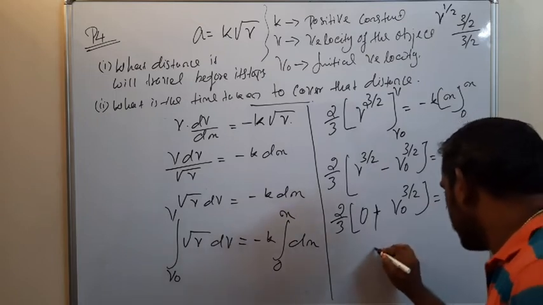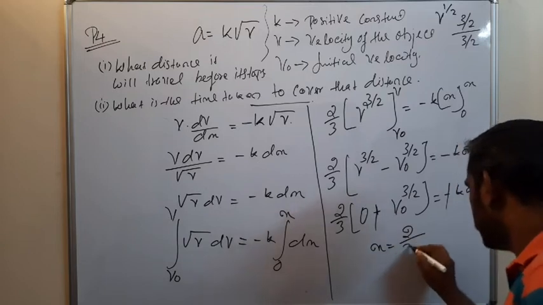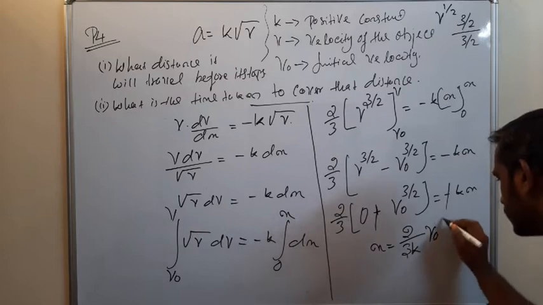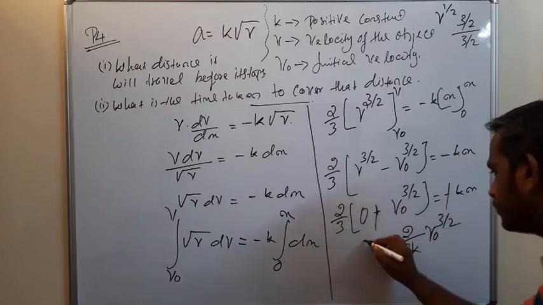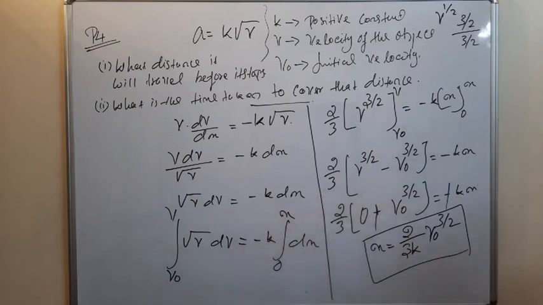So x is equal to 2 by 3k v0 power 3 by 2. So this is the distance traveled by the body before it comes to rest, before it stops.